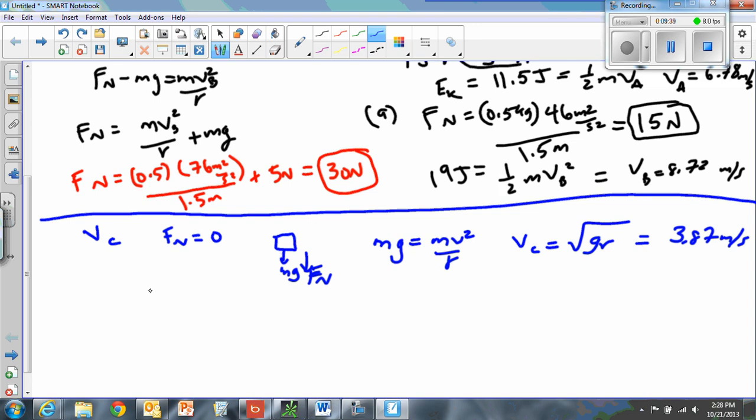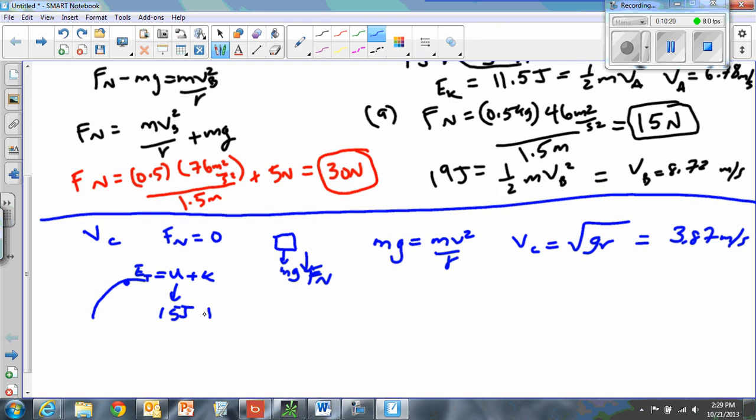And so when it gets up here to point C, I know the velocity is 3.87. So I need to know the total energy here. The total energy is going to be the potential plus the kinetic. Well, the potential I already know is 15 joules. I know that because it was 15 joules up here where we did mgh, where h was 3, and you got 15, and then you added 4 and you got 19.